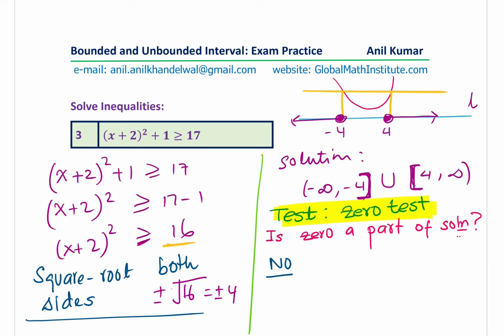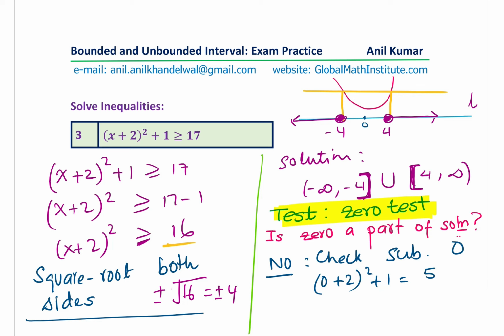Since 0 is not included, 0 is somewhere in between, right? So what we do here is, to check, substitute 0. So when you substitute 0 here, we get (0 plus 2) whole square plus 1, and that is indeed equal to 5.